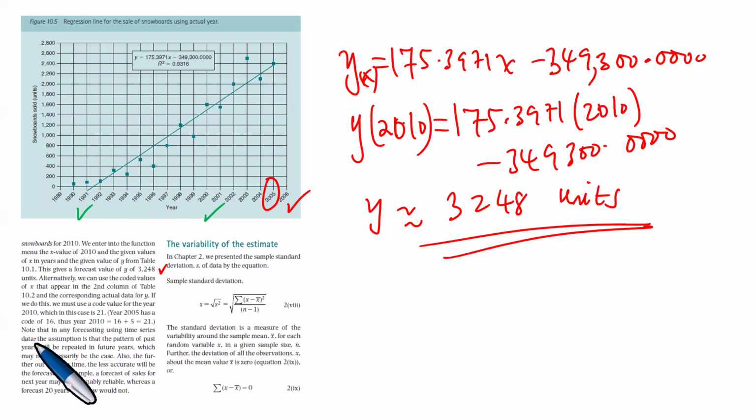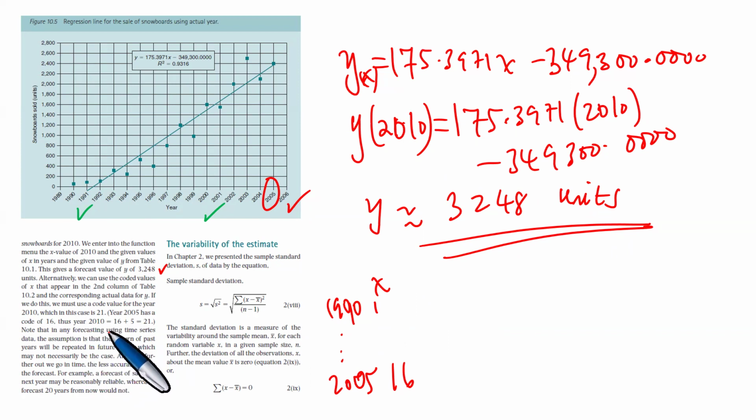Yet 2005 has a code of 16. We saw that because a code of 1 is 1990. Yeah, 1990 has a code of 1, and 2005 has a code of 16.